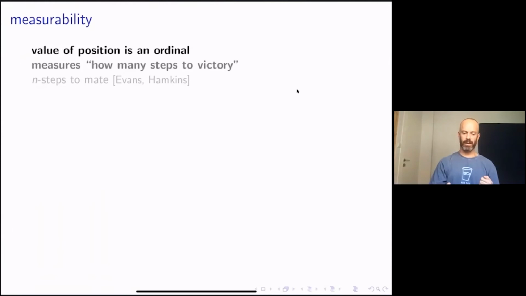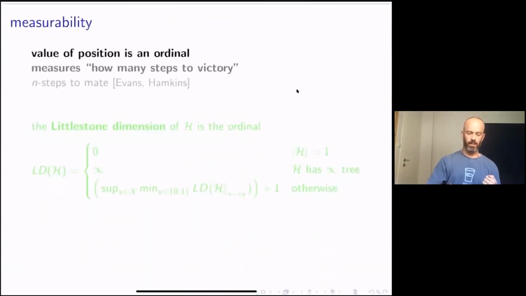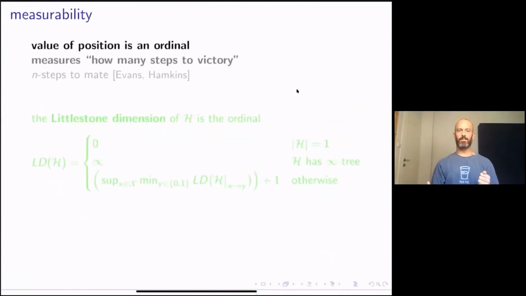In our context, it leads to an abstract definition of Littlestone dimension. You can define Littlestone dimension relatively abstractly using ordinals. Here is a definition. I will not go over it right now. But the point is that the Littlestone dimension now is not an integer. It's an ordinal. It's an infinite integer, you can say.